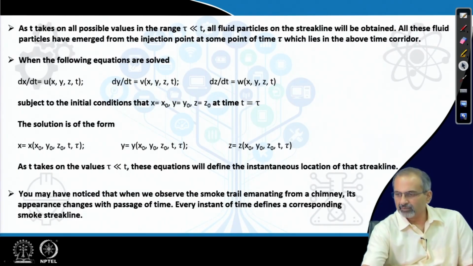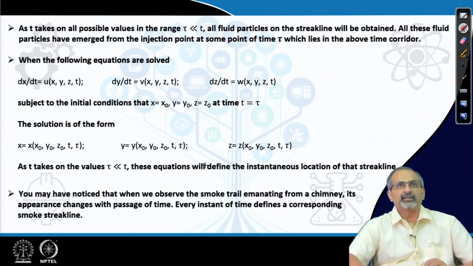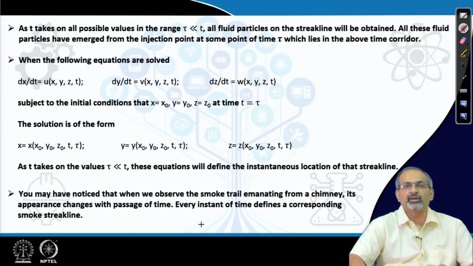As t takes on all possible values in this range tau less than or equal to t, all fluid particles on the streak line will be obtained. All these fluid particles have emerged from the injection point at some point of time tau, which lies in the above time corridor.